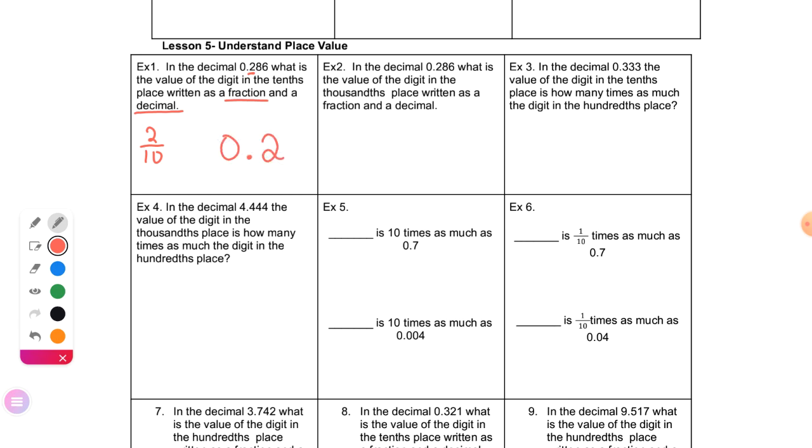Okay, I want you guys to try example 2. It's comparable. It says in the decimal 0.286, what is the value of the digit in the thousandths place written as a fraction and as a decimal?